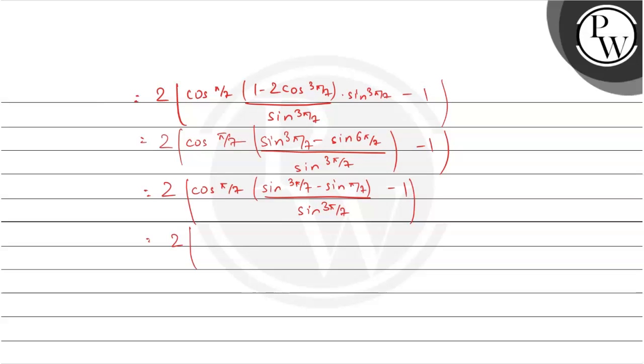of sine A minus sine B is equal to 2 times sine of A minus B upon 2 times cos of A plus B upon 2, which is 2 times cos of pi by 7 times.